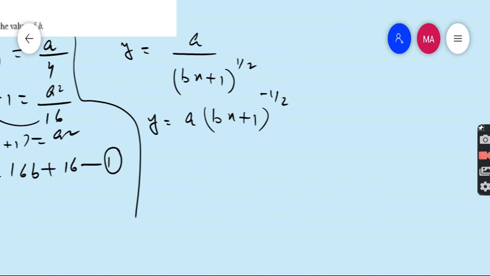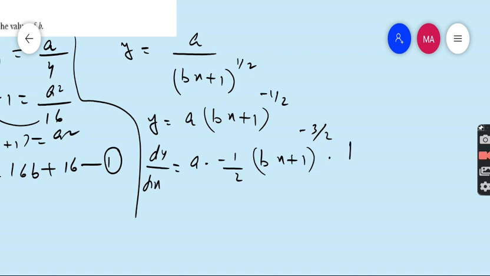Find the derivative, the gradient. Derivative means gradient. A into minus 1 upon 2 bx plus 1, minus 1 upon 2 minus 1 is minus 3 upon 2, into the derivative of the function, that is the derivative of bx plus 1. Derivative of x is 1, so b into 1 is b and derivative of 1 is 0.